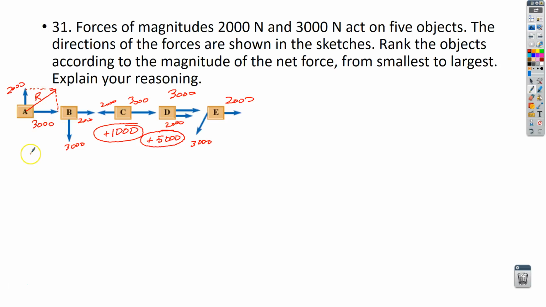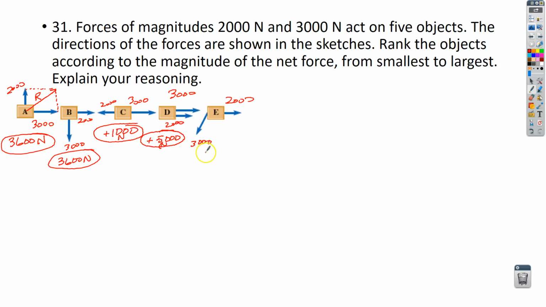To find that r, we could use the Pythagorean theorem, and if you use the Pythagorean theorem, we end up with about 3,600 newtons for letter A. Letter B also works the same way, and so this one's also 3,600 newtons. So we've got a couple of these. This one's 1,000 newtons. This one's positive 500 newtons.